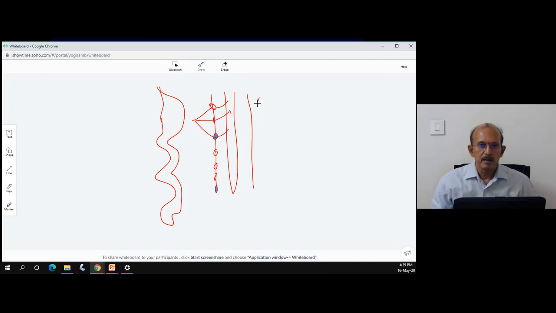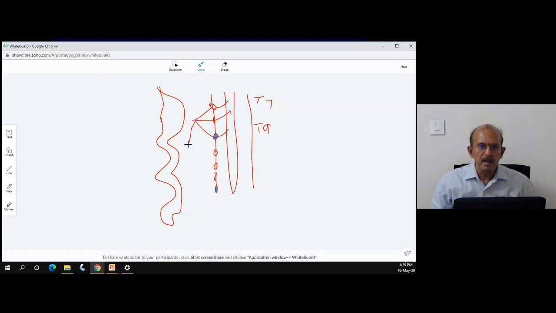This is T7, here is T9. So fibers coming from T7, T8 and T9 synapse in the paravertebral ganglia and the efferent fibers join together to form a nerve.